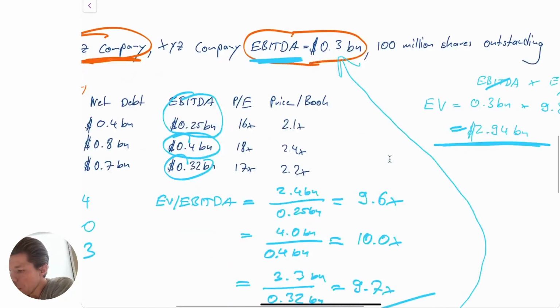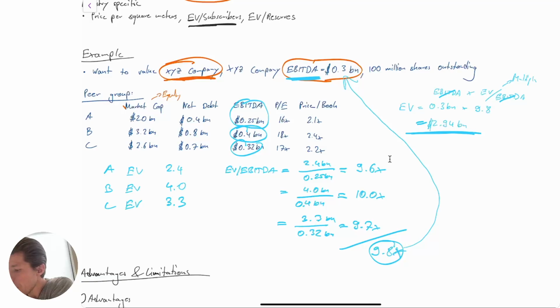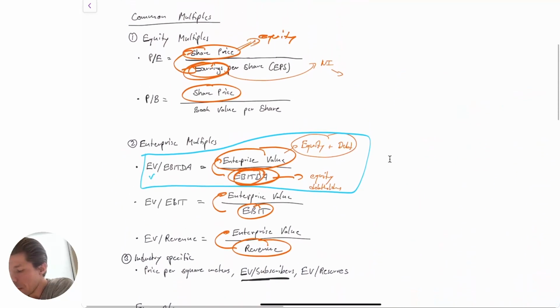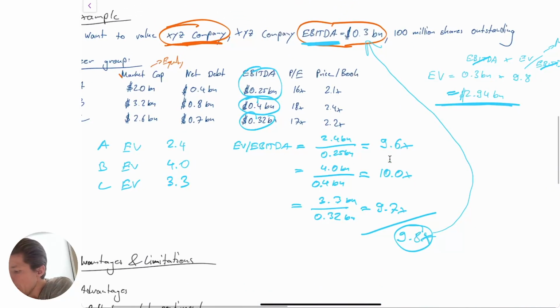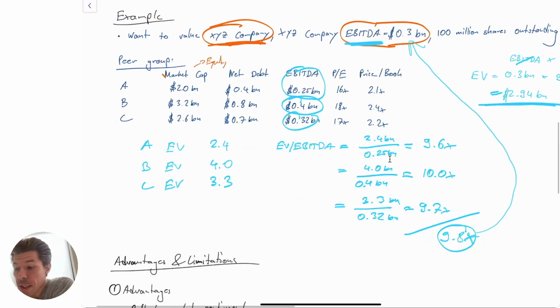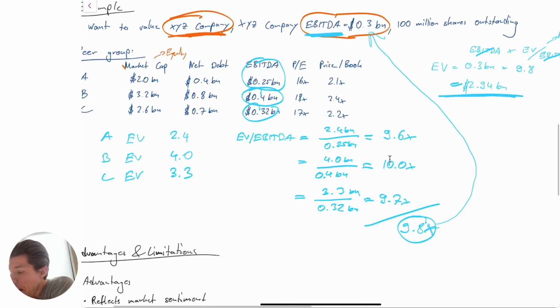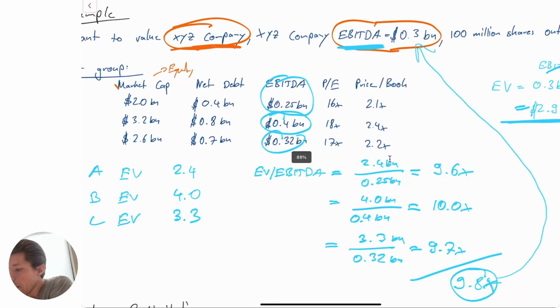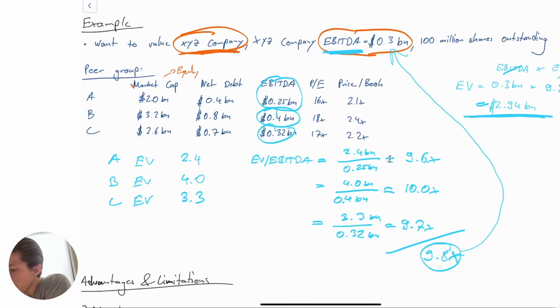So we have created an EV over EBITDA multiple, or any other multiple, depending on information available. We have used a kind of average, 9.8. We could do even more companies, four or five companies. Then we have 9.8, and we multiply with our EBITDA, so we get 2.9. If you look at what we have done, enterprise value for company A is 2.4, for company B is 4, and here 3.3.